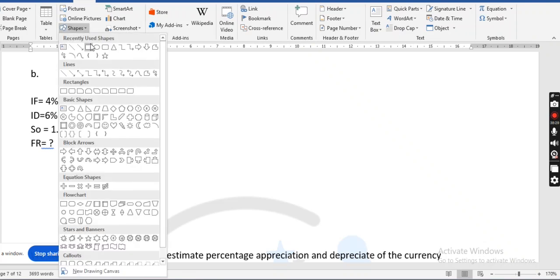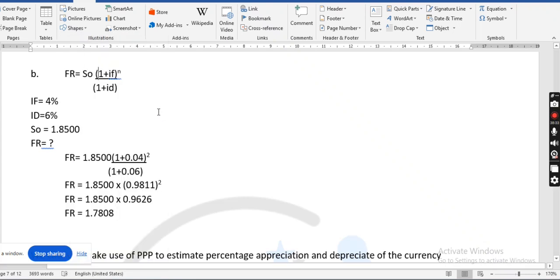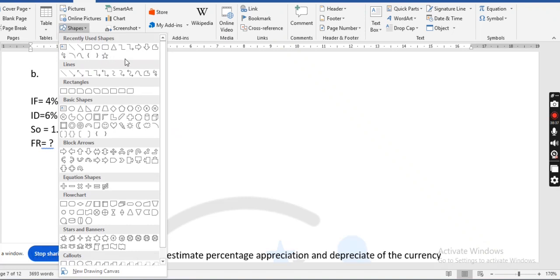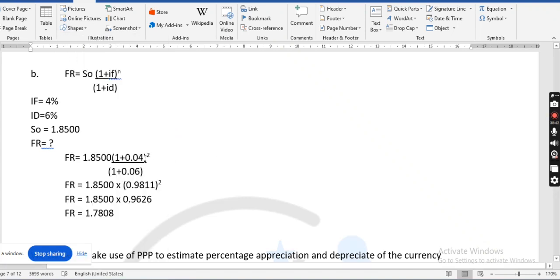But you all understand what I'm trying to do here now. This bracket raised to power is for both numerator and denominator. What you need to do is divide the two and raise it to the power.